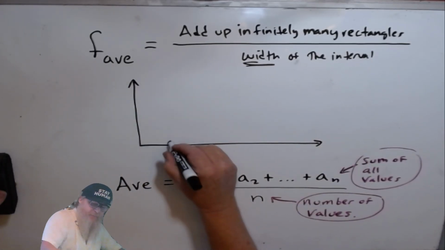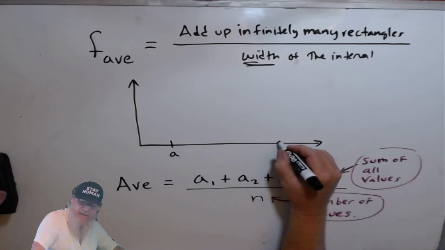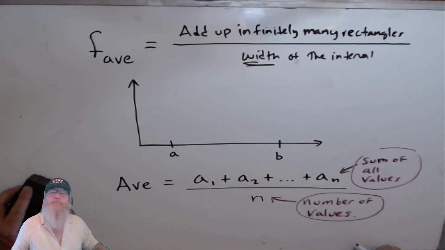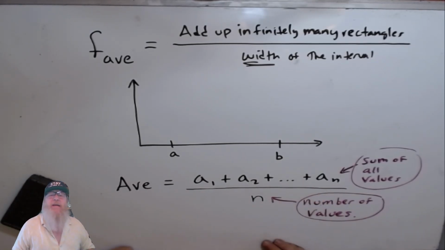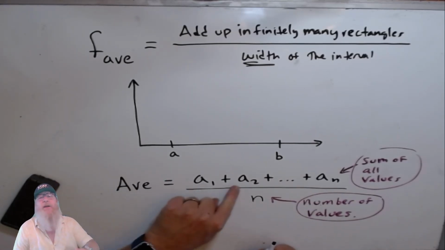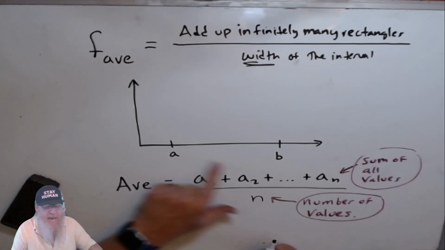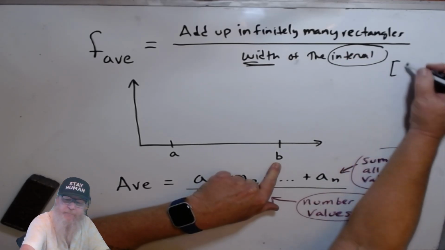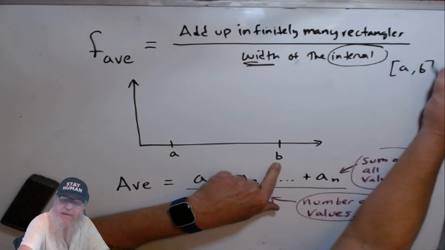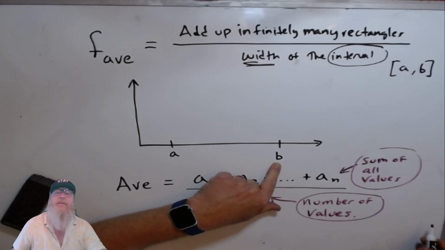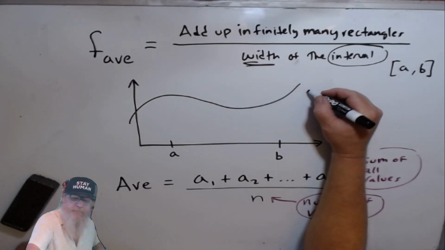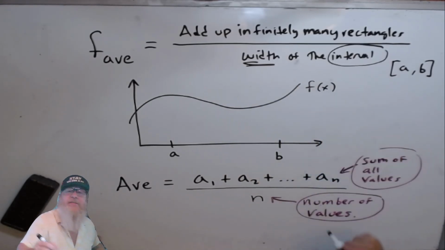So suppose we start at A and we end at B. I'll leave this here for a minute, but it's going to have to go eventually. So this time, instead of saying A1, A2, A3, I'm going to go from A to B. That's the interval. We'll say the interval AB. And then we have our function, f of x. There's our function.